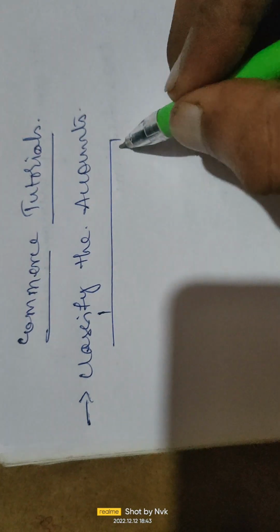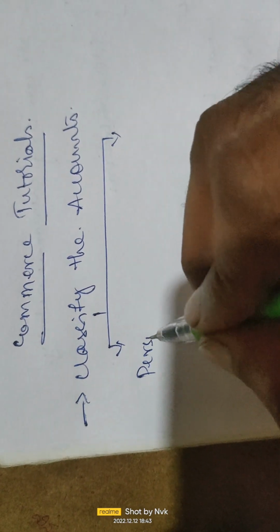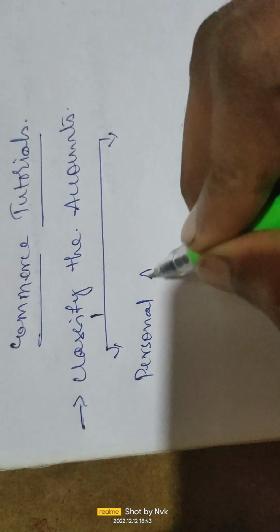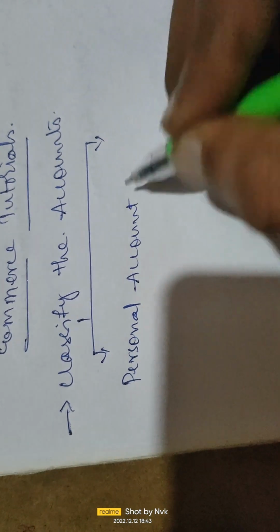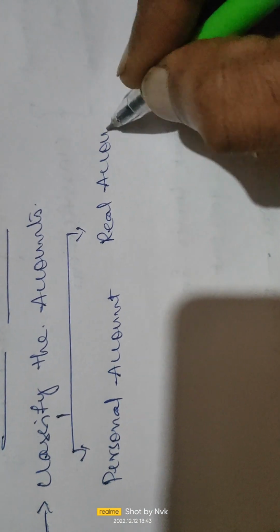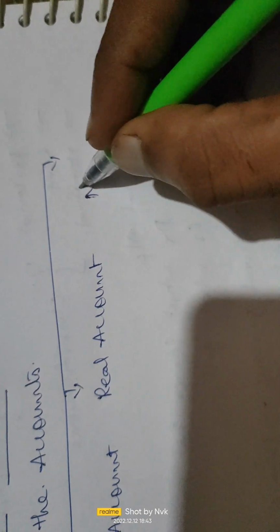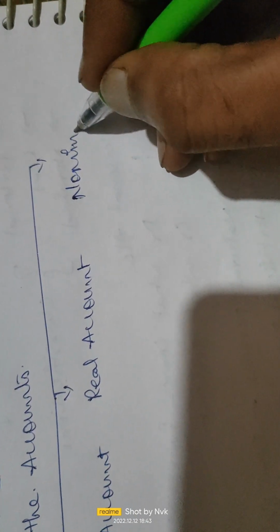We have three different classifications: the first one is the personal account, the second is the real account, and the third is the nominal account.